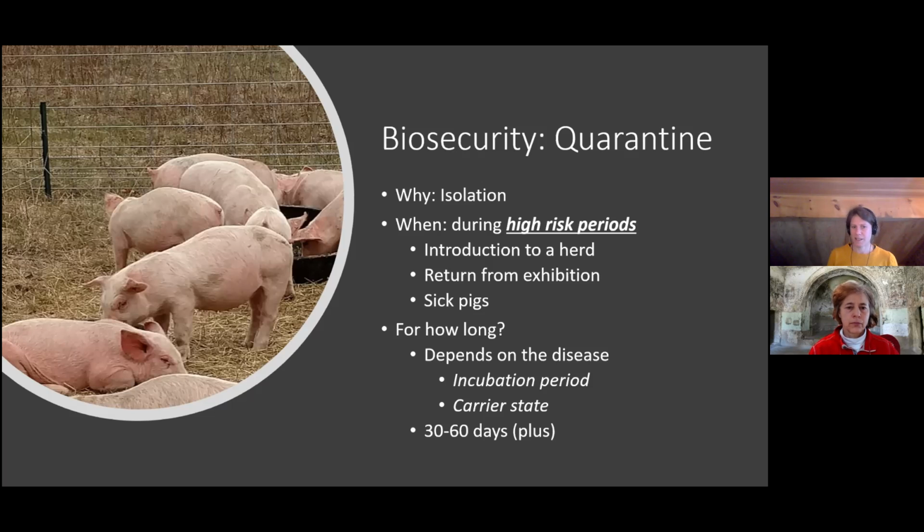And there really isn't a carrier state for swine influenza. So once a pig heals from that disease, they're not going to continue to carry that virus. So because incubation period and carrier state are both short for swine influenza, then we can follow a shorter quarantine period. So the standard 30-day quarantine for that disease is likely to be effective.